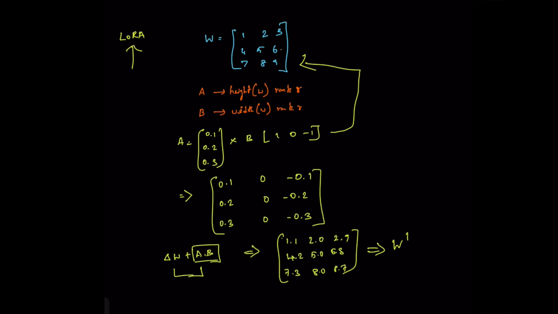Here it is 6, and here it is 5.8. Here it is 3, and we have 2.9. And here it is 9, and we have 8.7. You can see like, oh, 0.3 is different, 0.1 is different, but it does a huge impact in your large language model. And that is how this entire fine tuning works.